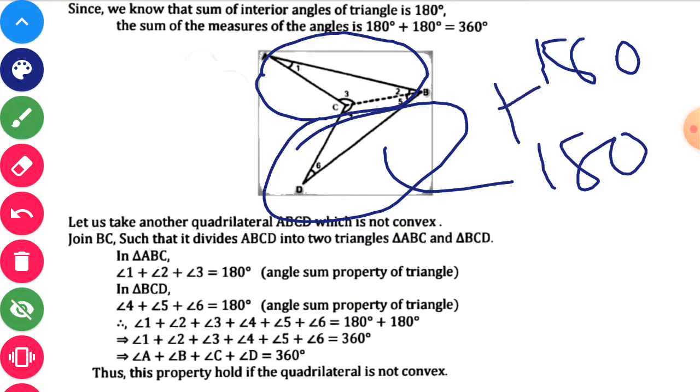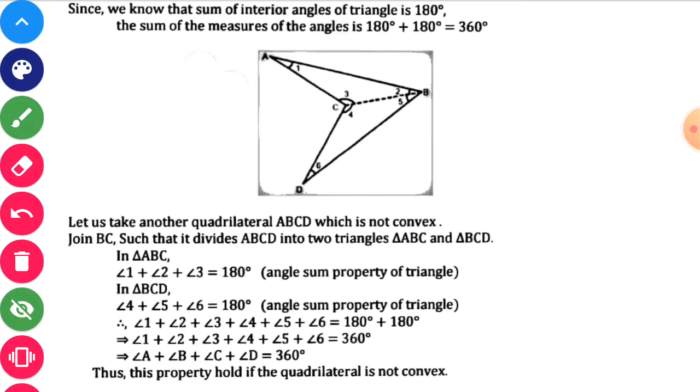Add them up, so you will get 360. Okay. So thus this property hold if the quadrilateral is not convex. If you will take any quadrilateral, concave or convex, sum of measurement of all four angles in a quadrilateral, it will be 360 degree, and in triangle it will be 180 degree.